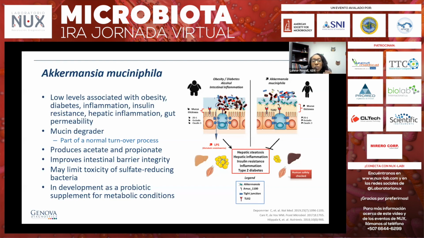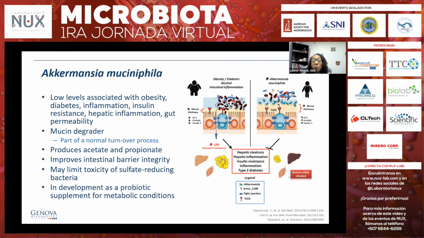It actually produces acetate and propionate, which are your short chain fatty acids. And it can improve your intestinal barrier integrity, but it also can limit toxicity of sulfate reducing bacteria. And your sulfate bacteria tend to have more of a pro-inflammatory impact in the GI tract, so it can help keep that at bay.